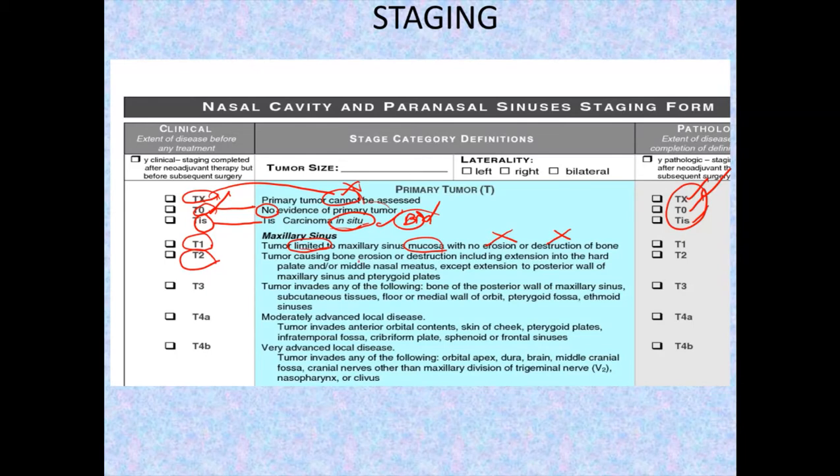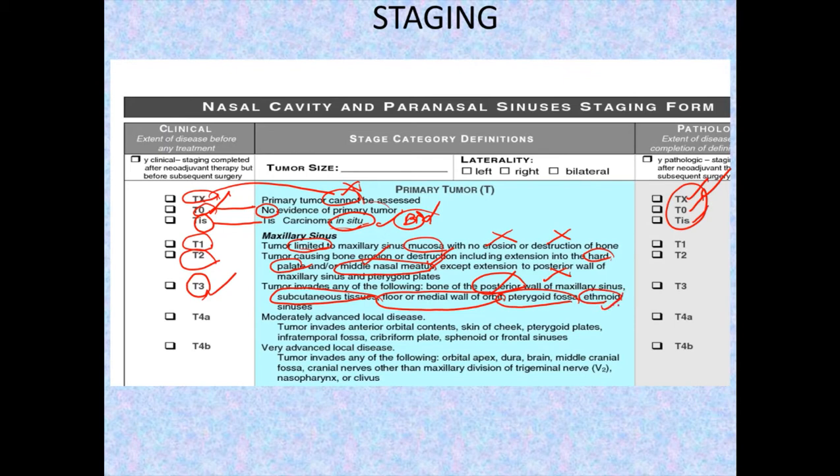T2 means bony erosion and destruction are present, including the hard palate and the middle meatus, except extension into the posterior wall. If the tumor goes posteriorly, it is T3: bone of the posterior wall, subcutaneous tissues, floor or medial wall of the orbit, pterygoid fossa, and ethmoid sinus.